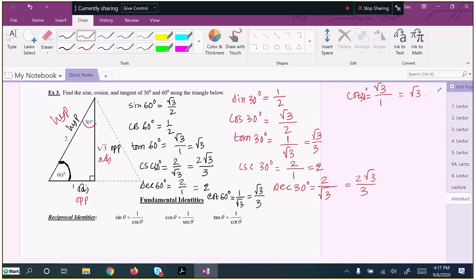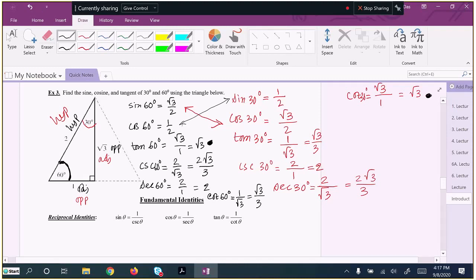Whatever sine was for 60 degree, cosine is the same for 30 degrees. Why? Because 60 degree and 30 degree are co-angles to each other. Similarly, whatever was cosine for 60 degree now is sine for 30 degrees. Tangent and cotangent for 60 degree and 30 degree are equal respectively.